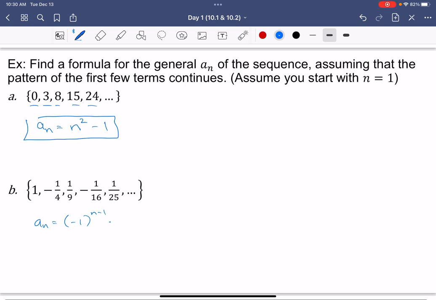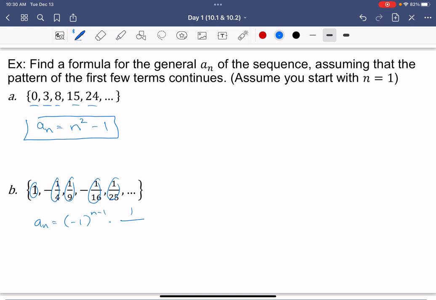I am then going to multiply this by something, and I'm going to figure out what's generating all of the numbers. Remember, this negative 1 to the n minus 1 is taking care of your alternating terms. If I'm looking at just the numbers, the 1, the 1/4, the 1/9, the 1/16, and the 1/25, I notice that each and every one of them has a 1 on top.